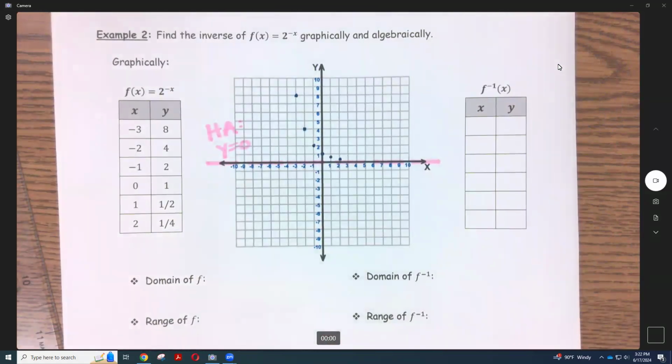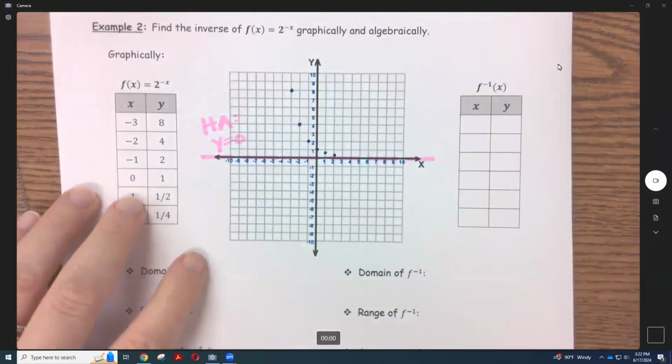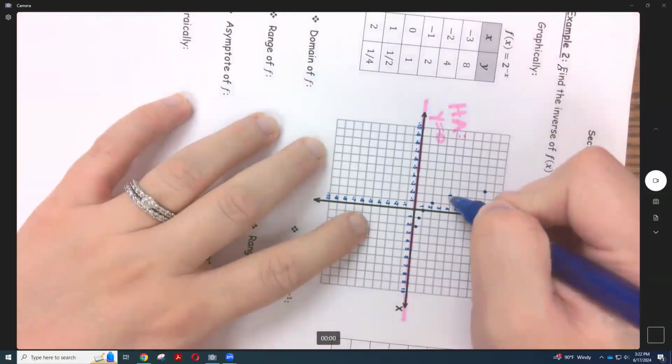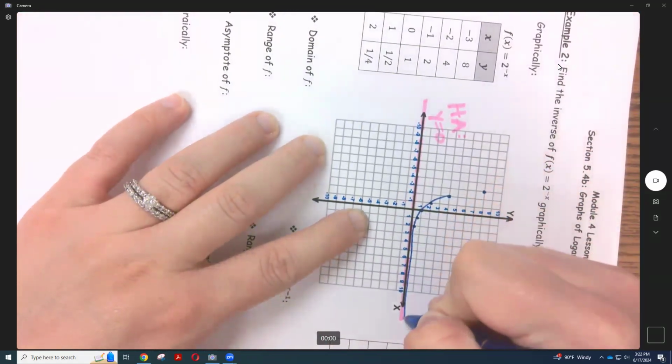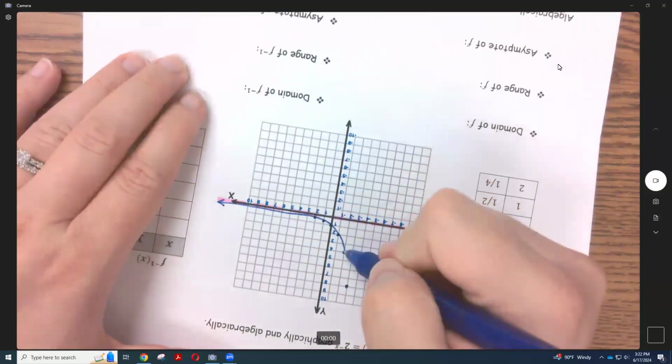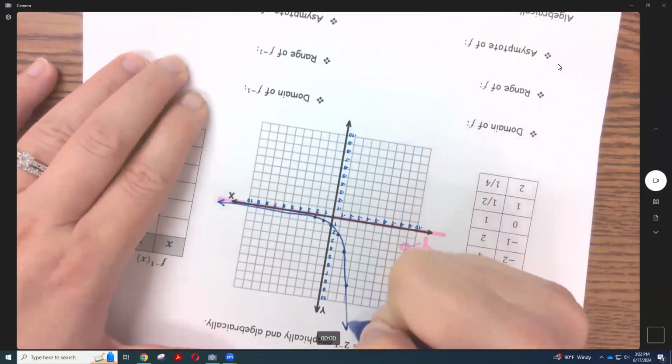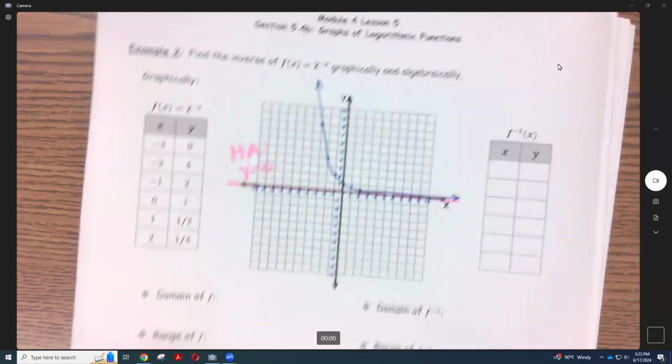Okay, so when we connect those points, we will not cross that x-axis. Okay, there's my graph.